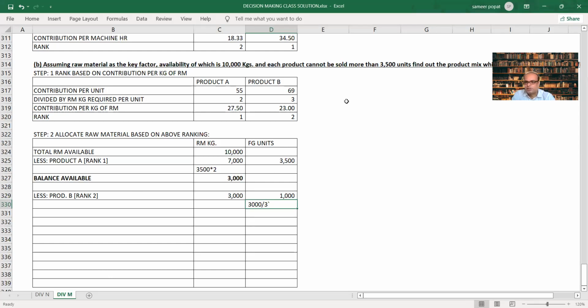Its market demand is 3,500, but since raw material is not available with us, we can manufacture only 1,000 units. The remaining market demand we cannot satisfy. So that is unsatisfied demand by the company.